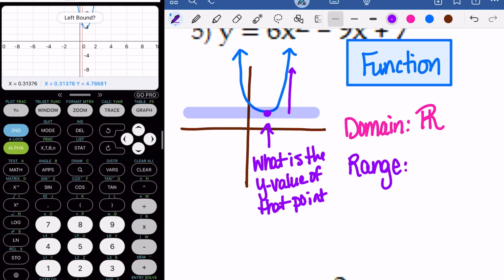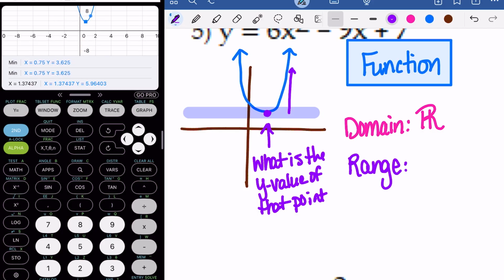Then I'm going to hit enter. Then it's going to ask me right bound. So now I'm going to slide it over until it's on the right. And on yours, depending on what version of calculator you have, it may ask you to guess. You may see another question at the bottom of your calculator where it says guess. And that's fine, just hit enter.